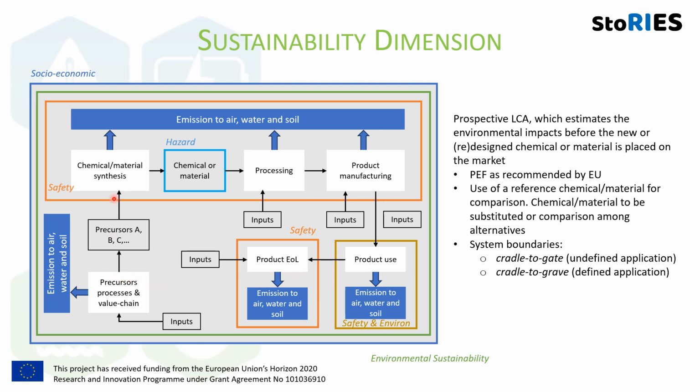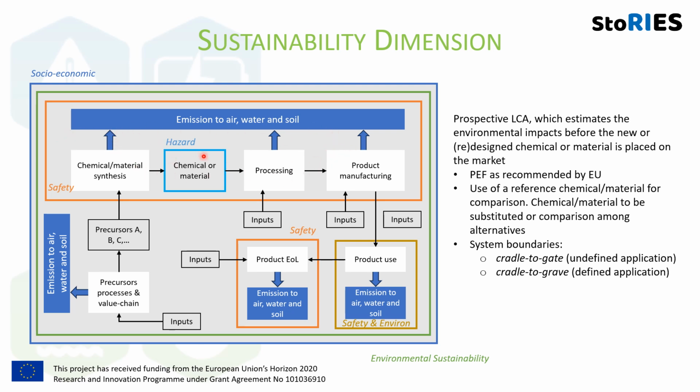Of course, as usual in life cycle approaches, for all these stages there are inputs needed by the processes, but to these processes are also connected emissions, usually emissions to air, water, and soil. The safe and sustainable by design approach requires that safety should be assessed for these stages, so the stages connected with the synthesis of the chemical or the material.